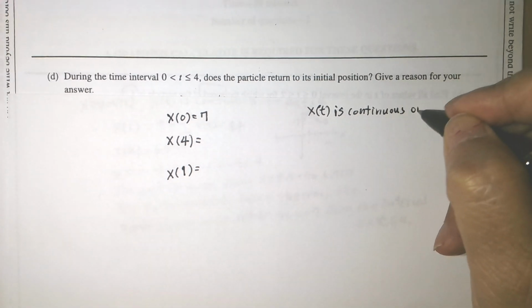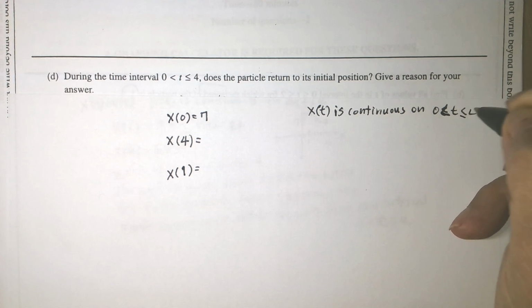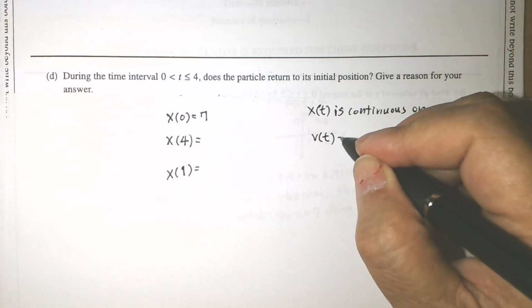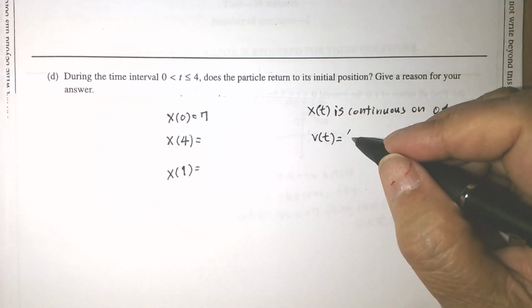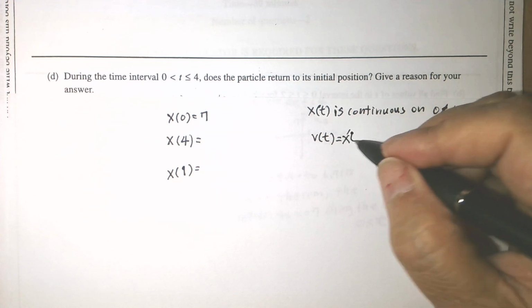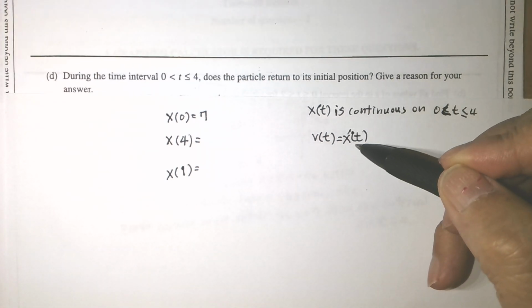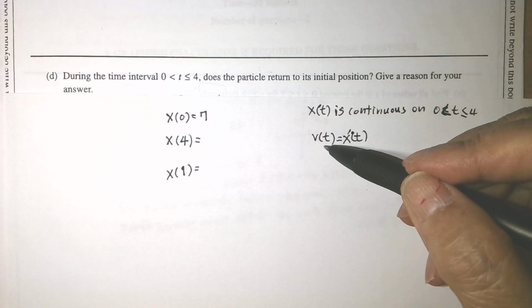Because on the interval from 0 to 4, v(t) is equal to the derivative of x(t). If you can take the derivative of that, then v(t) is also continuous.